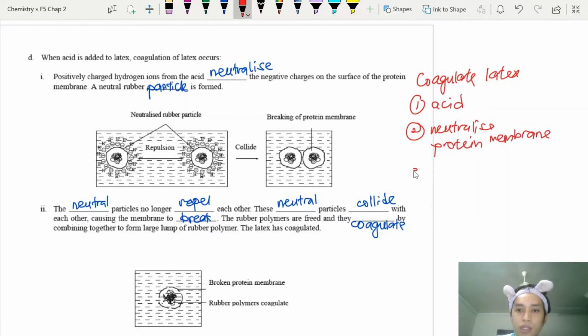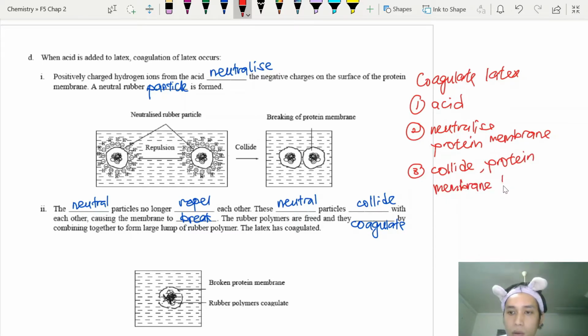Once the protein membrane is neutralized, when they collide, your protein membrane will break, allowing the rubber polymer to be released and coagulate.